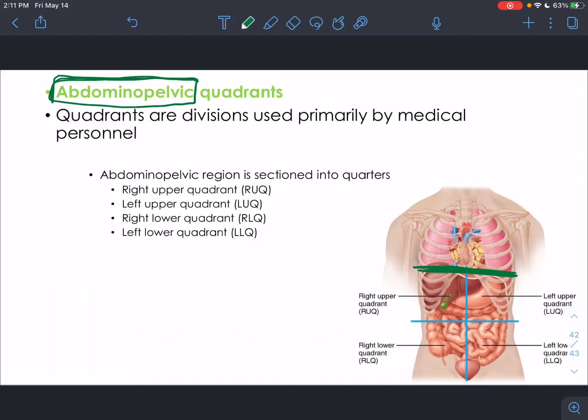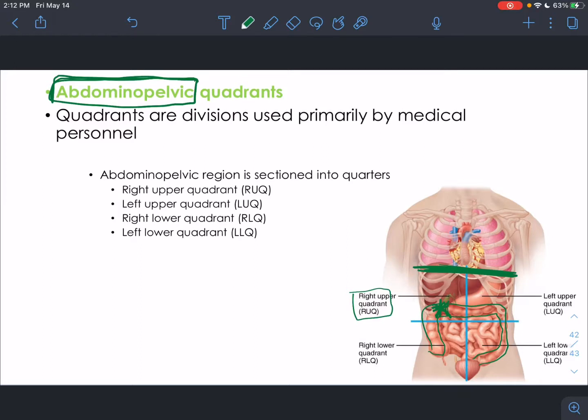So if there's some sort of obstruction in, let's say, this large intestine, the large intestine goes a lot of different places. So if we can say the obstruction in the large intestine is in the right upper quadrant, then it helps other medical personnel know exactly where something's happening, right?